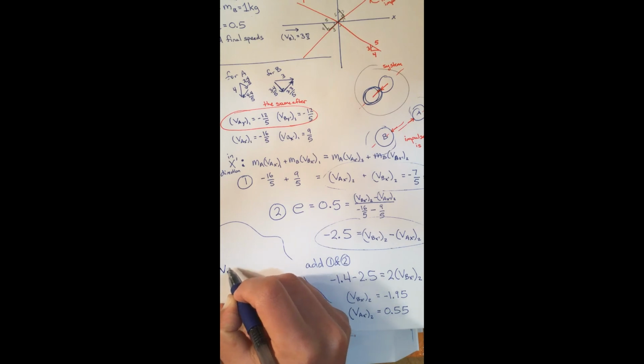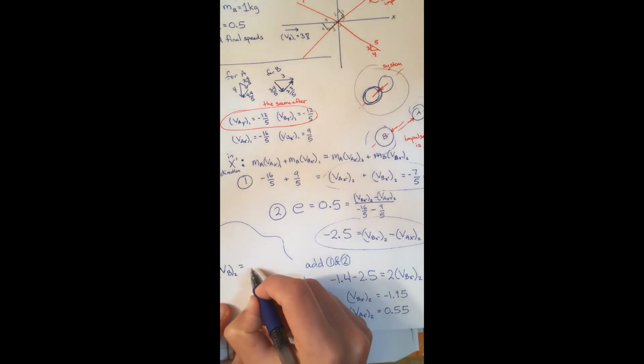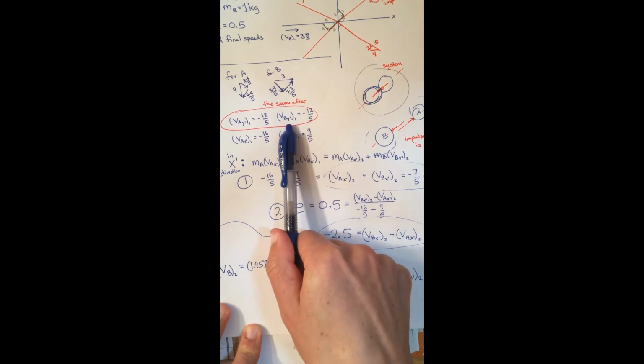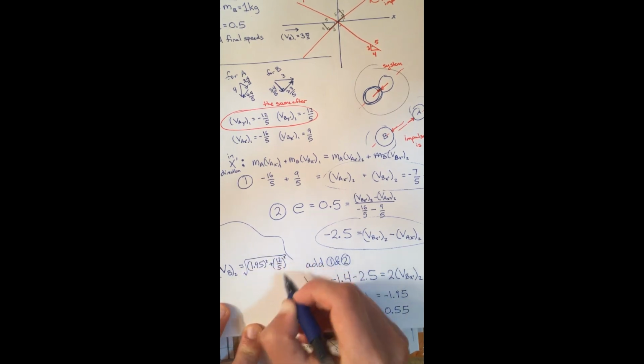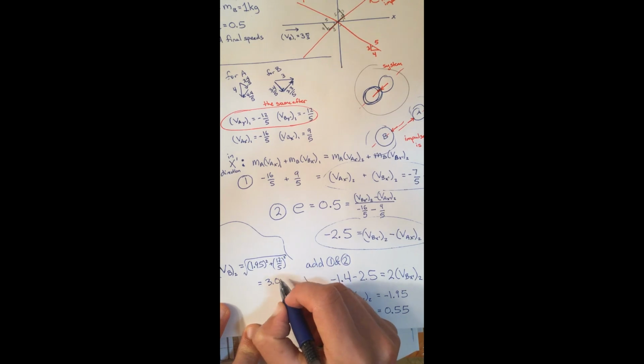So for puck B, I have 1.95. It's negative, but I'm squaring it, so that doesn't matter. And the y prime component is negative 12 over 5, and I'm squaring it, so it doesn't matter that it's negative. And this gives me 3.09.